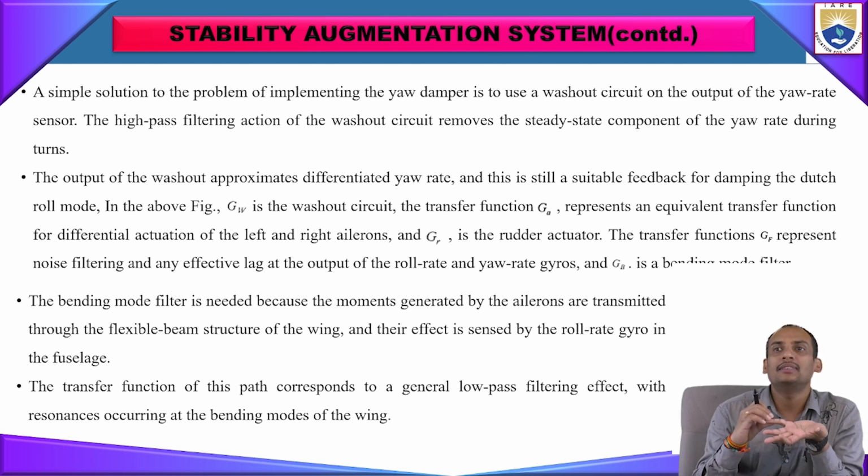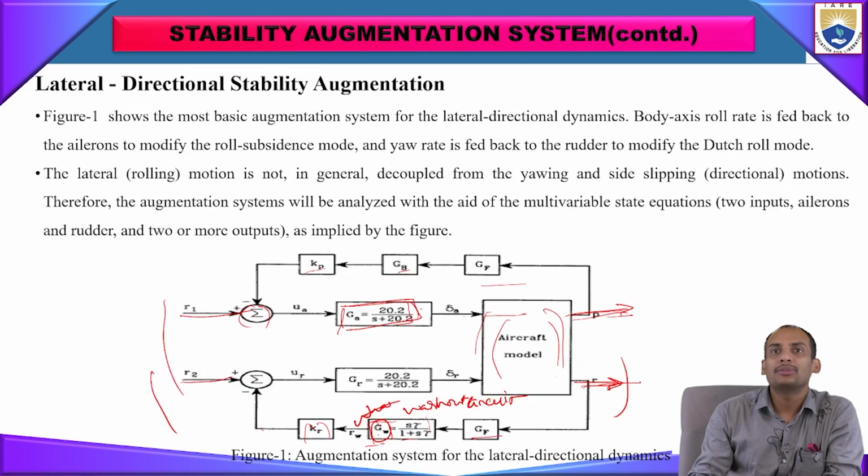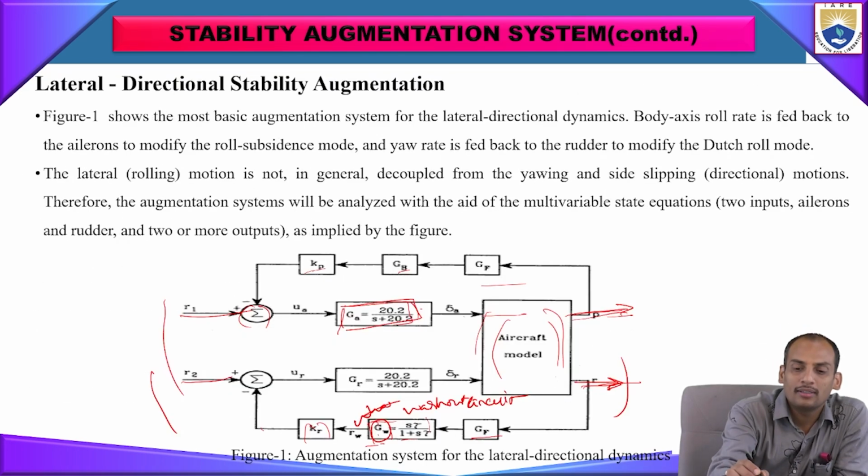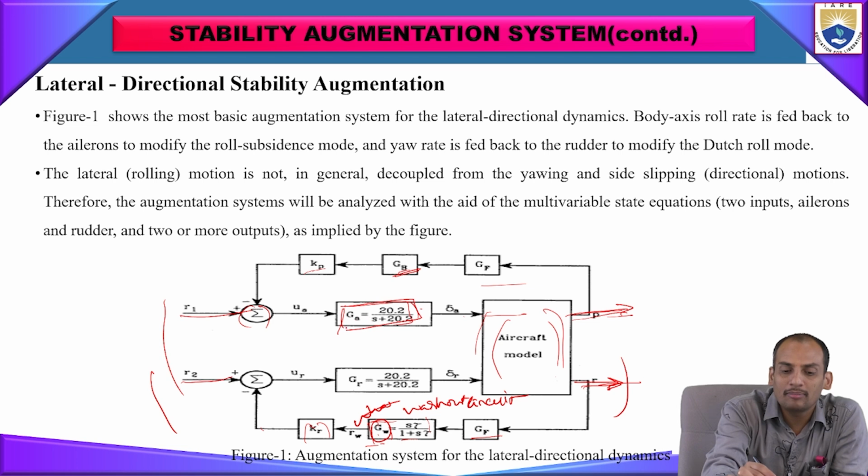The transfer function GF represents the noise filtering and any effective lag at the output of the roll rate and yaw rate gyros, and GB is the bending mode filter. So see here that GB is the bending filter transfer function. GA is the ailerons transfer function, and as we said, this is the rudder transfer function.